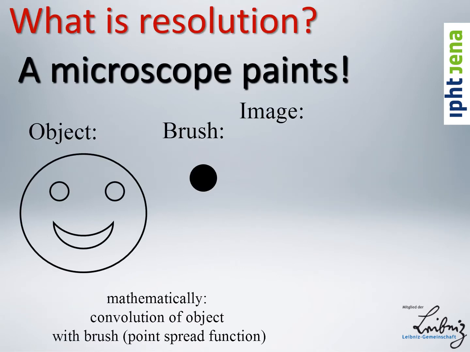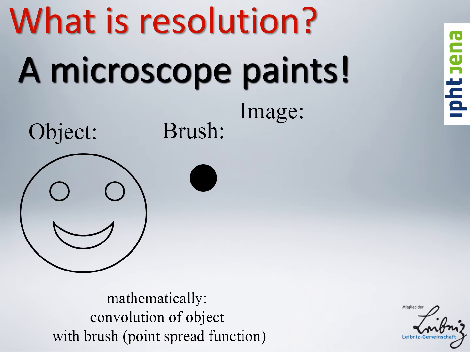What does a microscope do? Well, this is a very simplified picture, but mathematically describing quite well what a microscope does. It's a convolution operation of the object with the point spread function. And the point spread function can be represented as a brush. So you see here the brush, the point spread function, and on the left-hand side, the object.